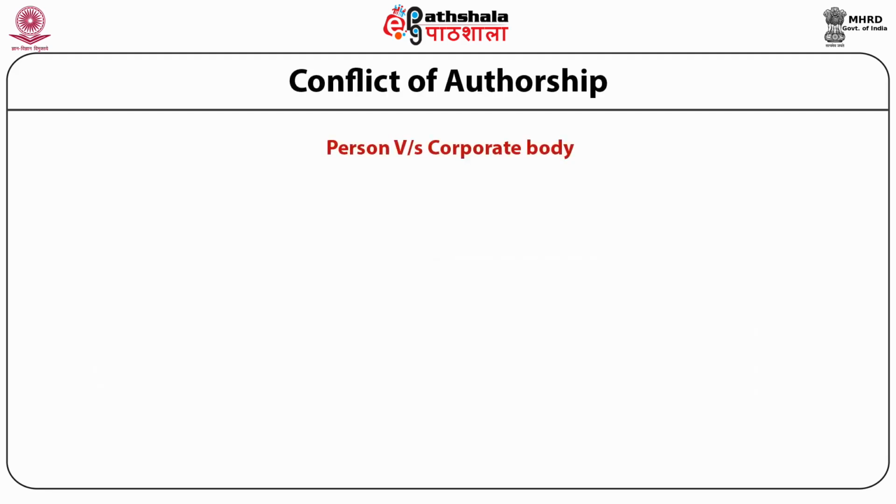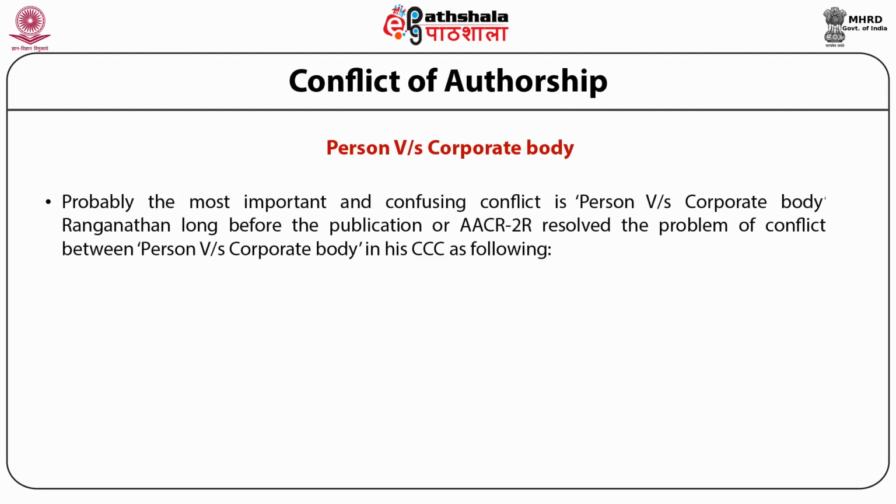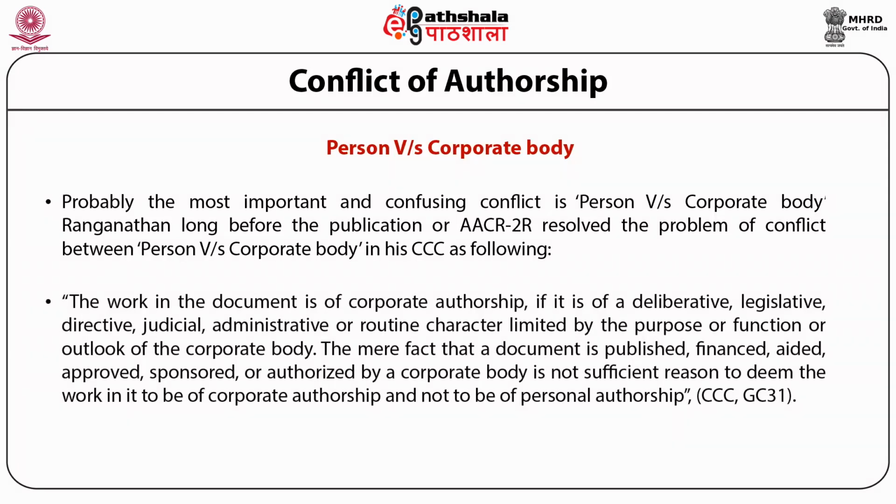Person versus corporate body. Probably the most important and confusing conflict is person versus corporate body. Ranganathan, long before the publication of AACR-2R, resolved the problem of conflict between person versus corporate body in his CCC as follows. The work in the document is of corporate authorship if it is of a deliberative, legislative, directive, judicial, administrative, or routine character limited by the purpose or function or outlook of the corporate body.